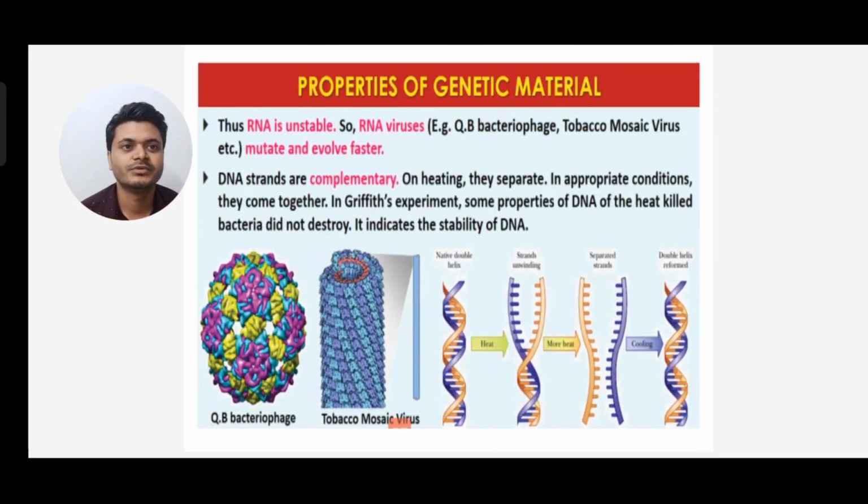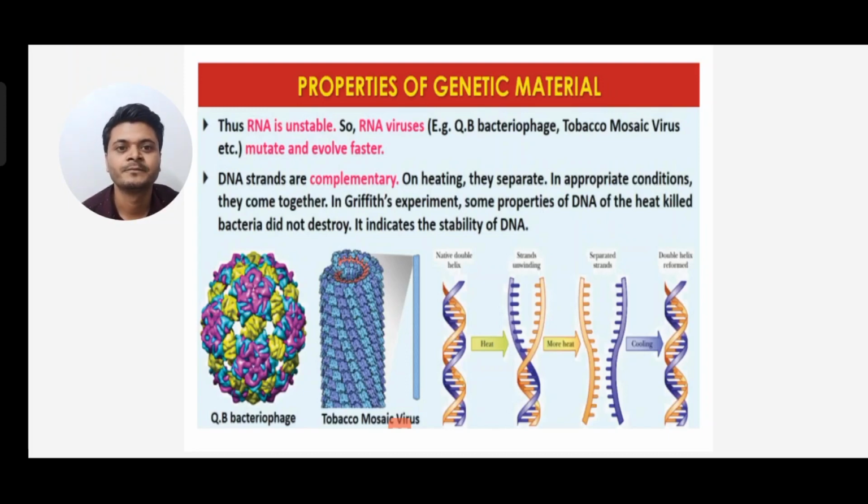So let's see the properties of genetic material. RNA is unstable. So RNA viruses, for example bacteriophage and tobacco mosaic virus, mutate and evolve faster. DNA strands are complementary. On heating they separate, and in appropriate conditions they come together. In Griffith's experiment, some properties of the DNA of the heat-killed bacteria were not destroyed, which indicates the stability of DNA.